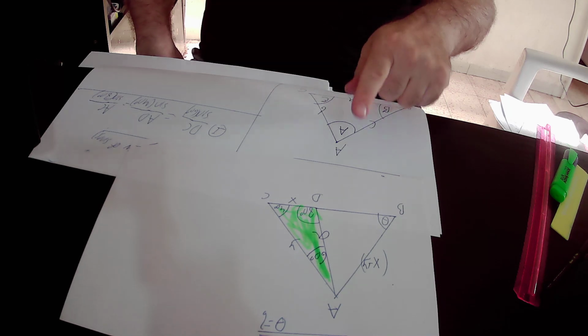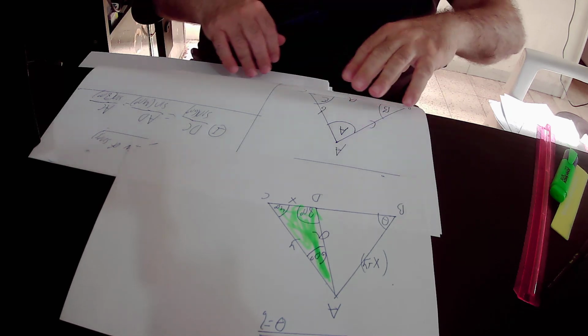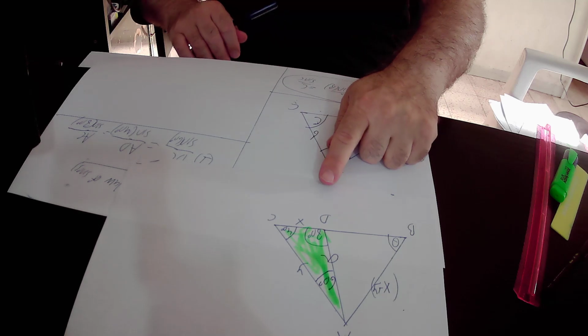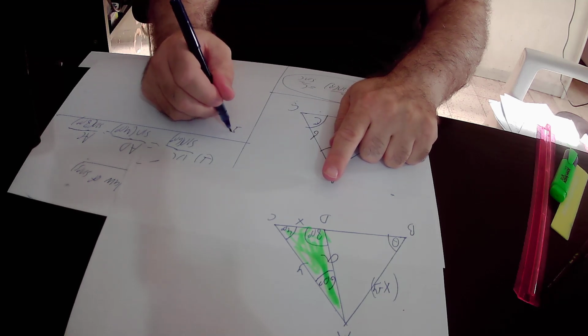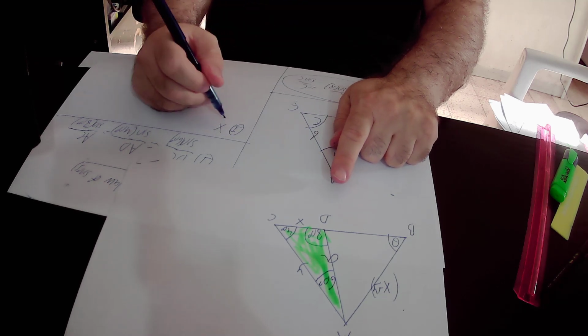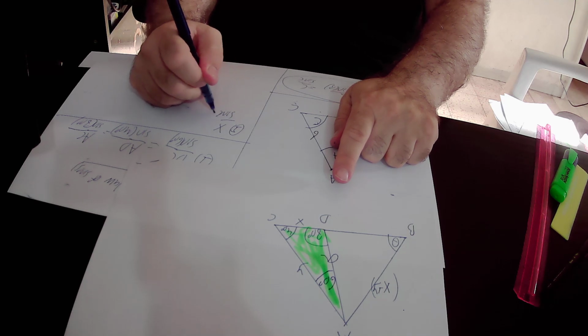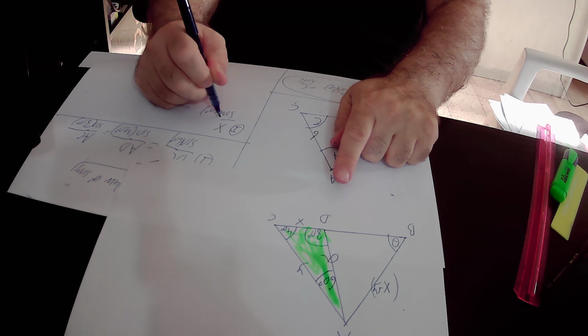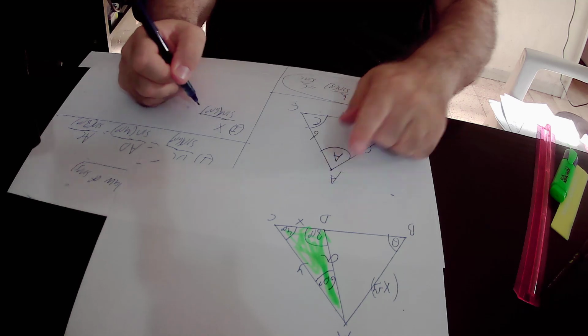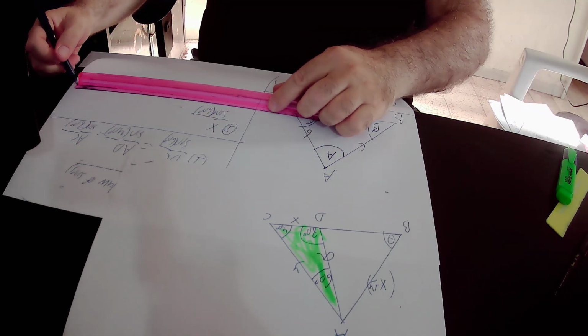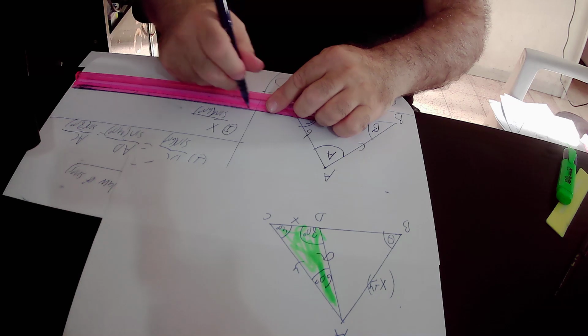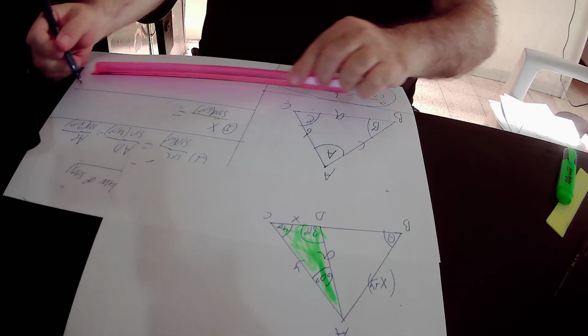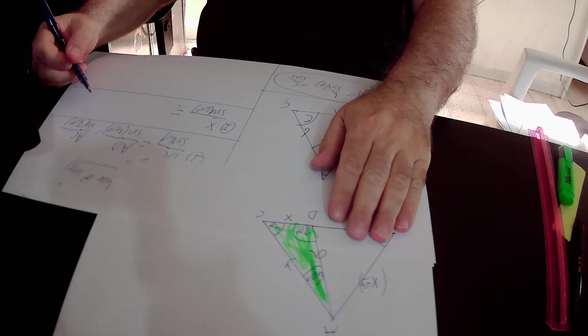Here DC equals x, so we substitute DC by x over sine 60 degrees, which is equal to AD.